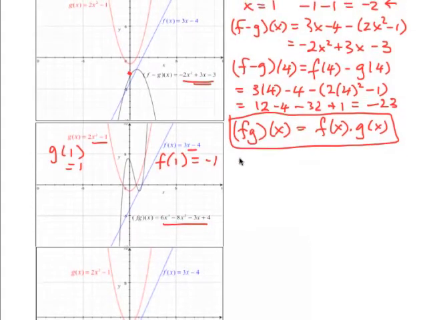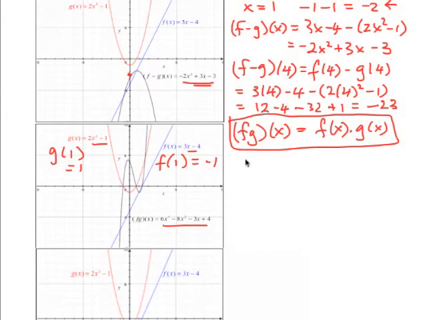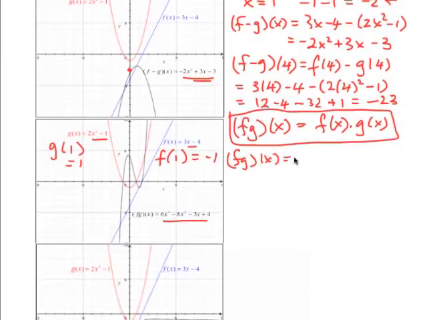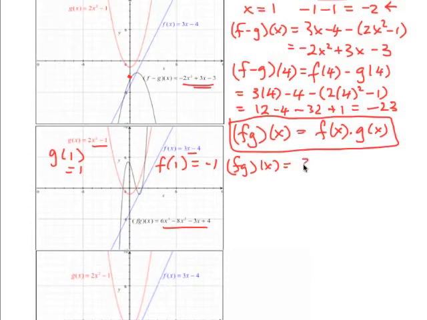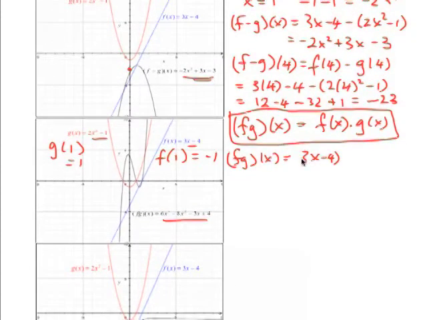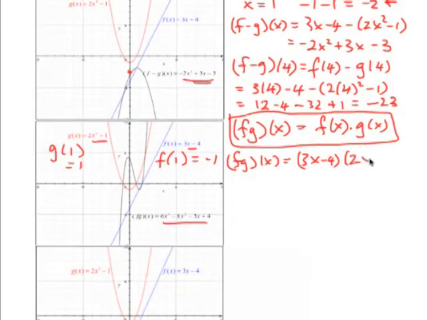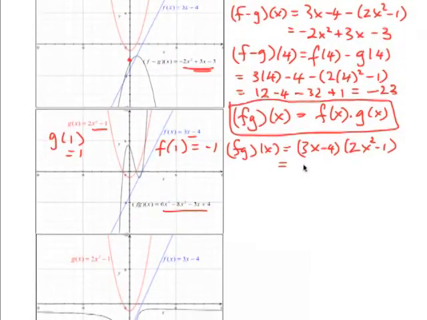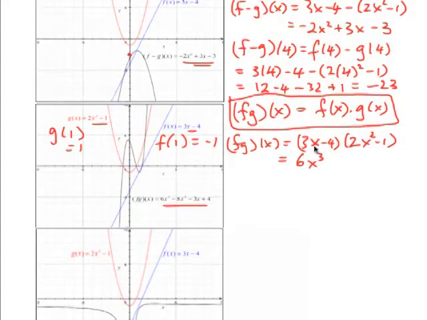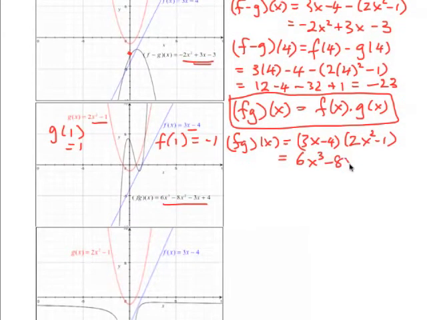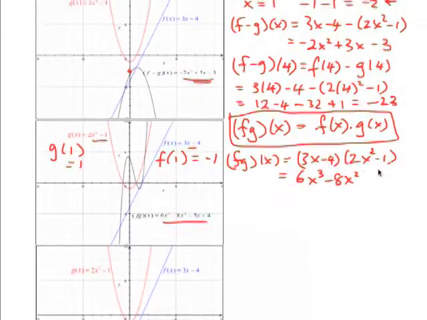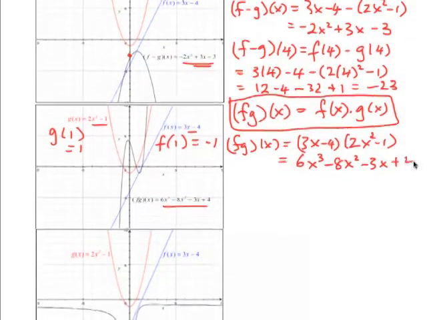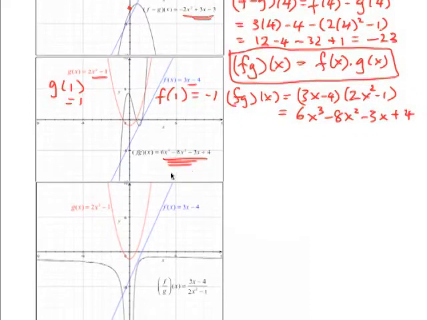Okay, so let's do that in this particular case. f times g of x would in fact be 3x minus 4 by 2x squared subtract 1. And when we FOIL this out, I'll get my 6x cubed here, minus 8x squared for the inner ones, outer one minus 3x, and then negative 4 by negative 1 is plus 4, and that would be it, and that's where we get this from.